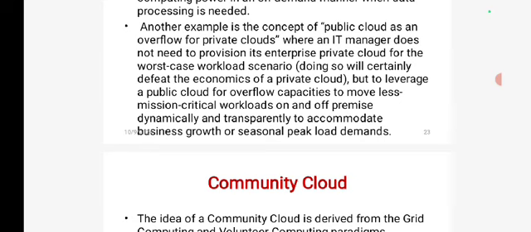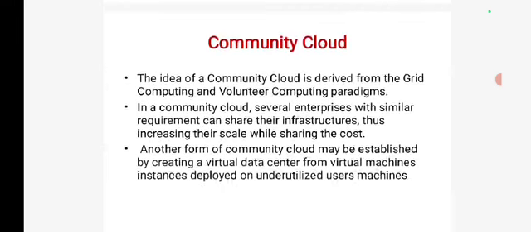Another example is the concept of public cloud as an overflow for private clouds, where an IT manager does not need to provision the enterprise's private cloud for the worst-case workload scenario, but can leverage a public cloud for overflow capacity, moving less mission-critical workloads off premises dynamically and transparently to accommodate business growth or seasonal peak load.